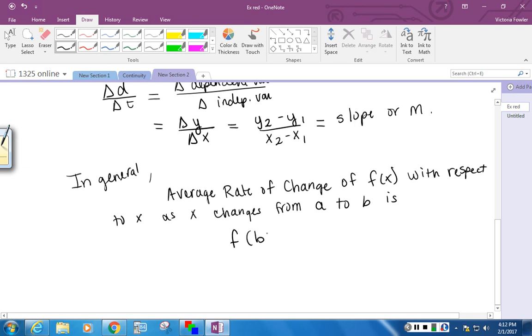We write it as f of B minus f of A all over B minus A. That is to say, a change in y values over the change in x values. Okay?